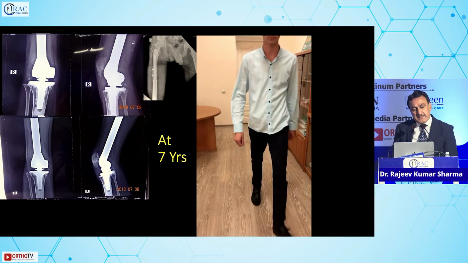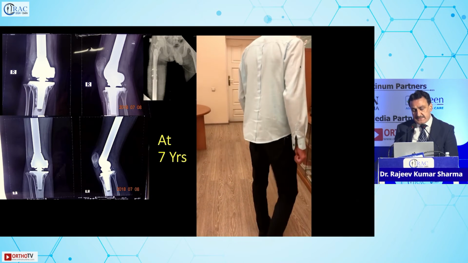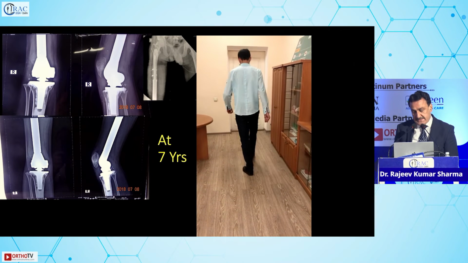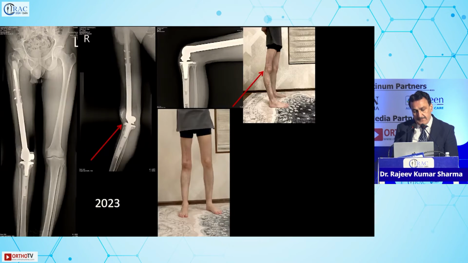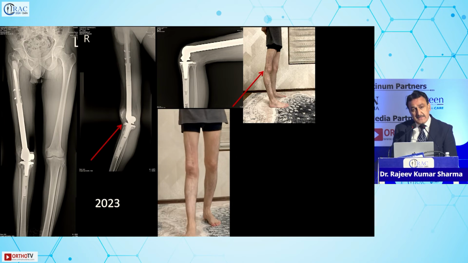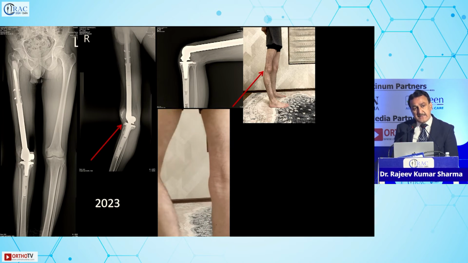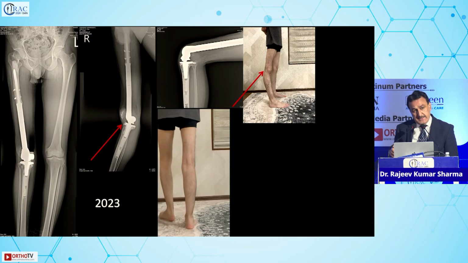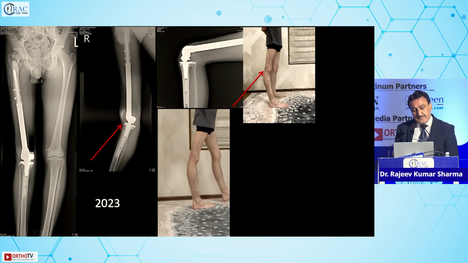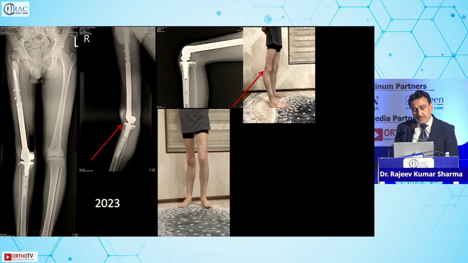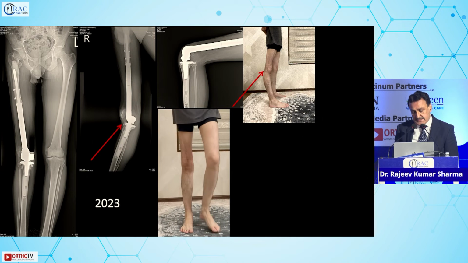And you see this patient is doing excellent after this revision surgery at the follow-up of 7 years. But then at the follow-up of 10 years, you see that there is a breakage of the component at the knee. And this patient is still walking and planning for the surgery now.